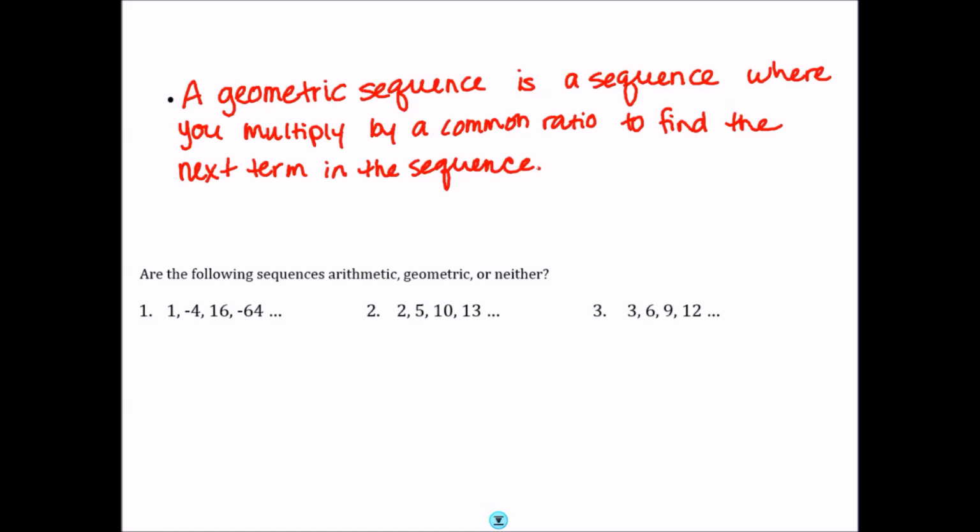Now, we could be multiplying by a fraction, so it could look like we're dividing, but we always want to think about it in terms of what we are multiplying by.